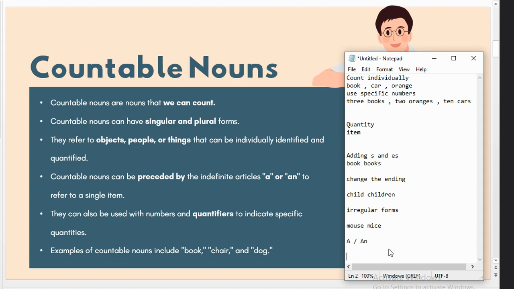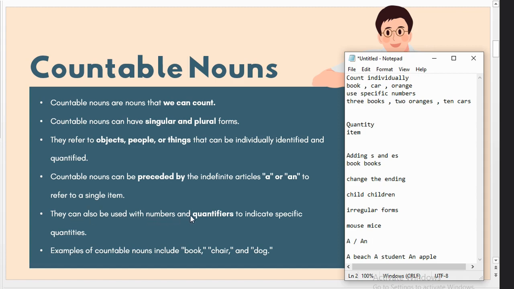We will not use this with uncountable nouns because it always comes with a single quantity, like a beach, a student, an apple. So this will be used with countable nouns, and always used with countable nouns.